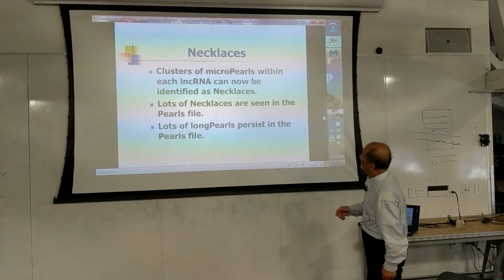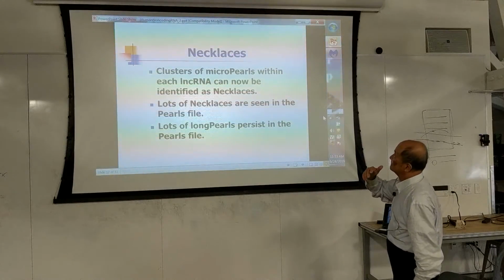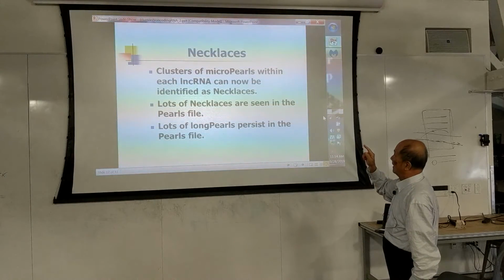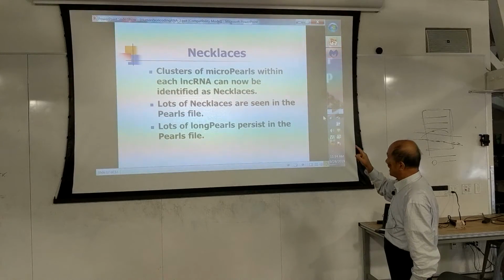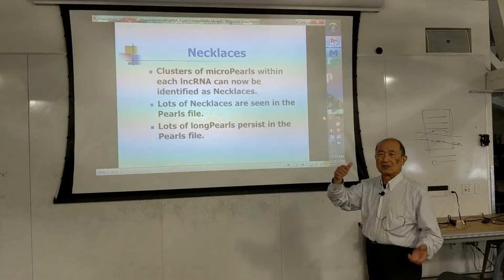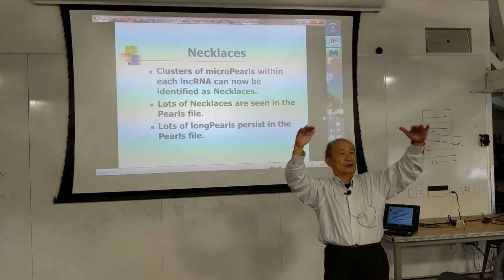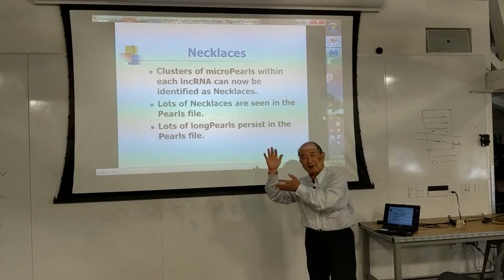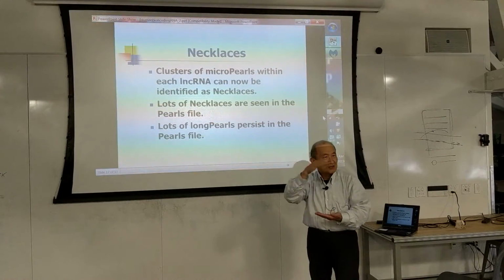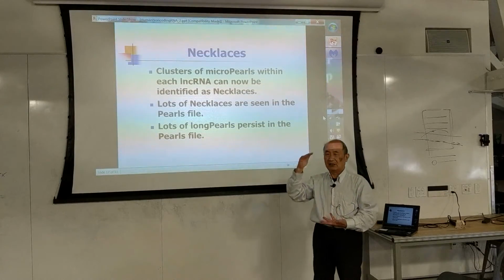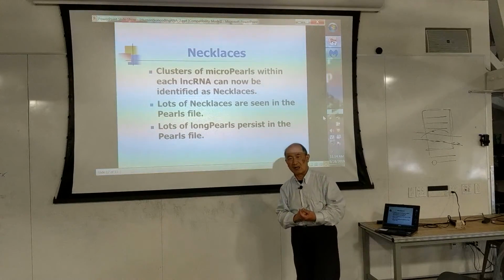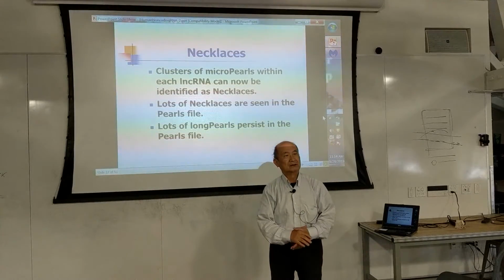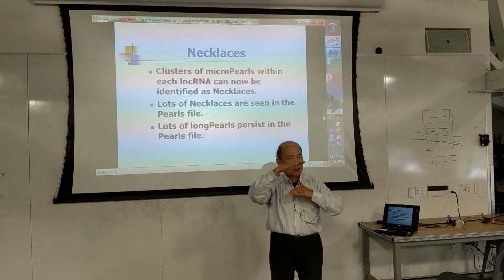Clusters of micro pairs within each long non-coding RNA can now be identified as necklaces. So you see, I have a huge flat data file, and I have an index file which allows me to identify each and every individual RNA. After I get all the pairs out, I sort all the pairs according to their pointer.